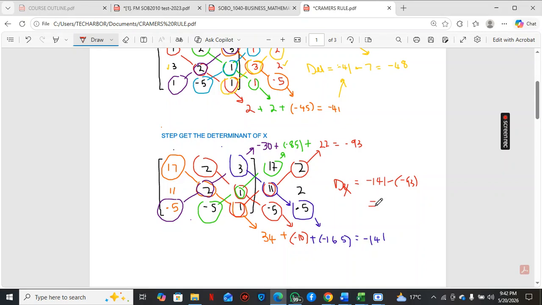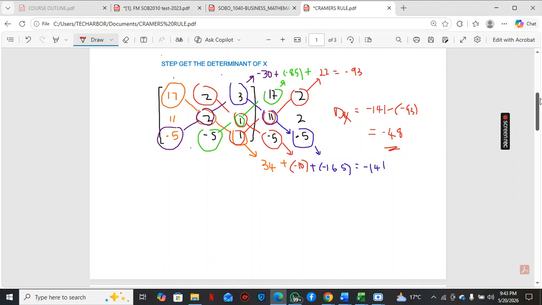So negative 141 minus negative 93, we get negative 48. Yes, that is step 2, get the determinant of x. Any questions before I move to step 3?